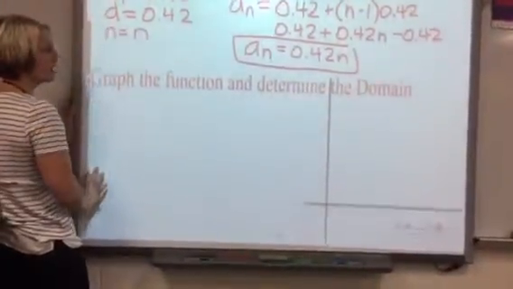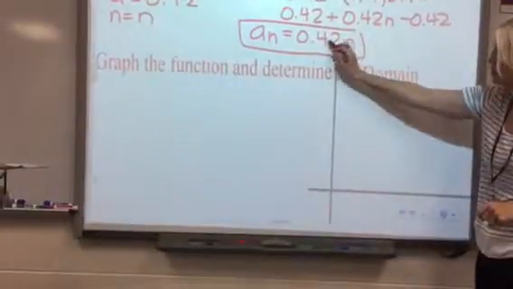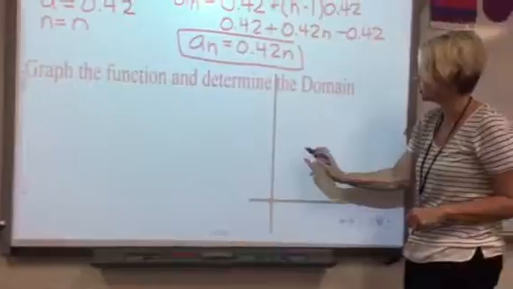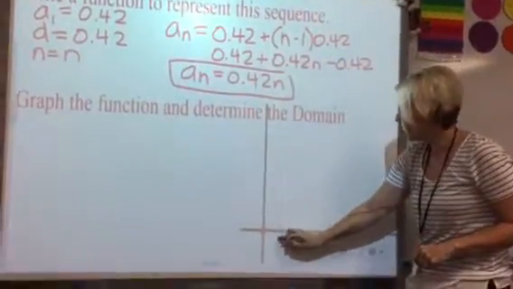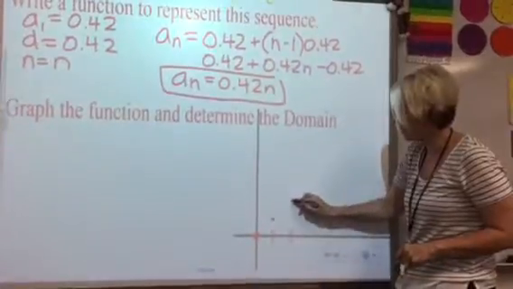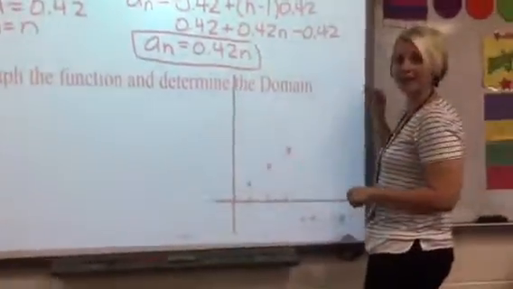So if we wanted to graph it, if I put in a 0, obviously 0 times this is going to be 0. This looks a lot like a direct variation equation that you did yesterday. So 1 is going to be at 42 cents, 2 is at 84, 3, and so on and so forth. It's going to be linear.